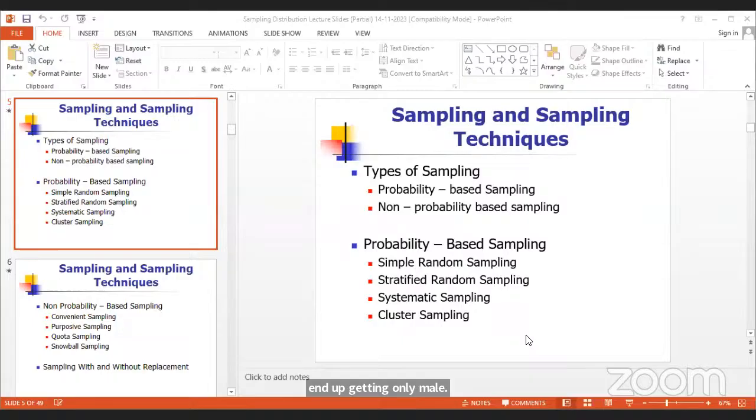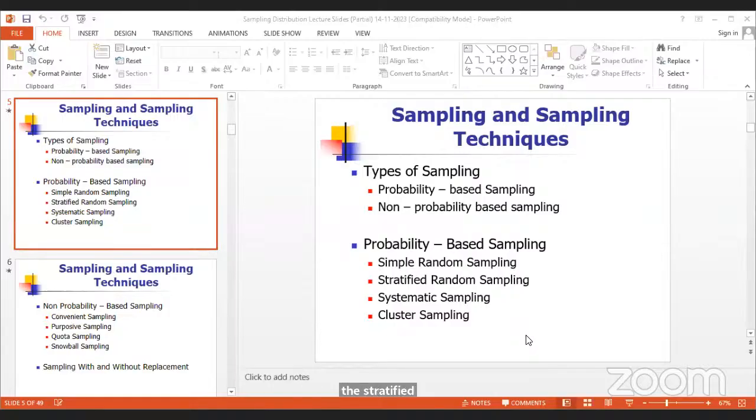But now that I have divided them into male and female groups, I'm assured that my sample will be made up of all major groups in that population. That's the essence of stratified random sampling.